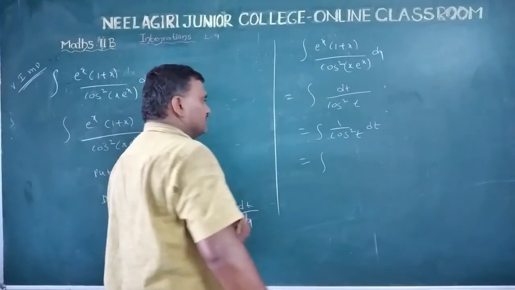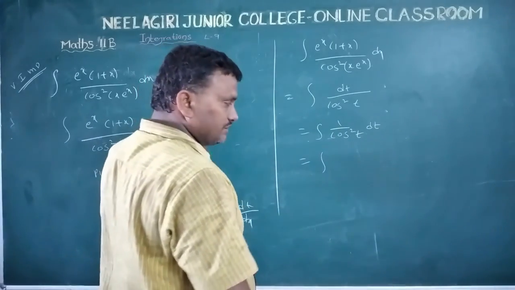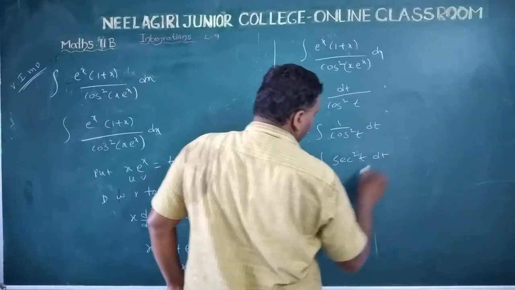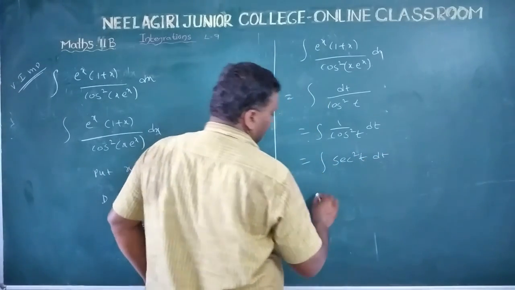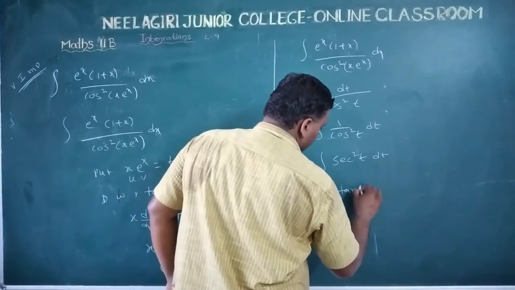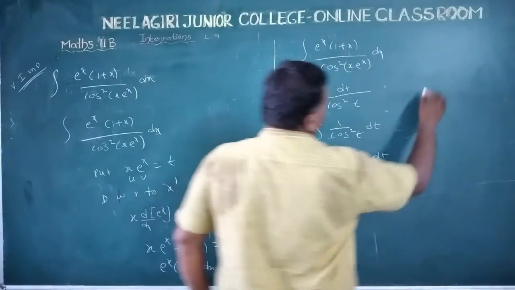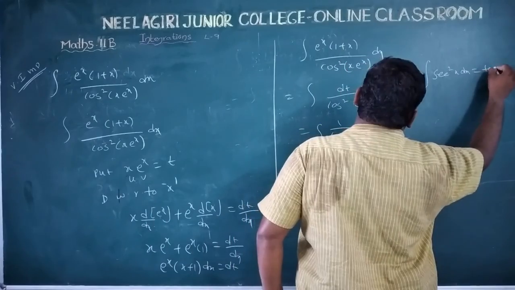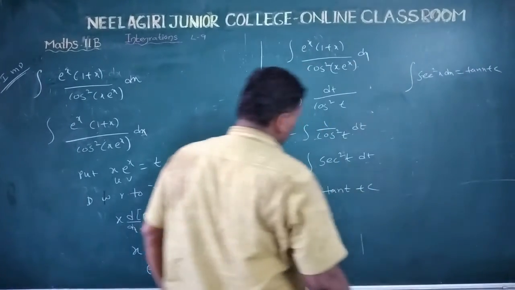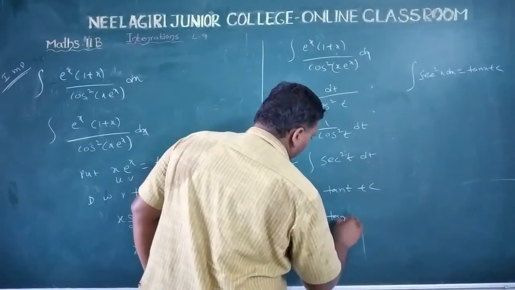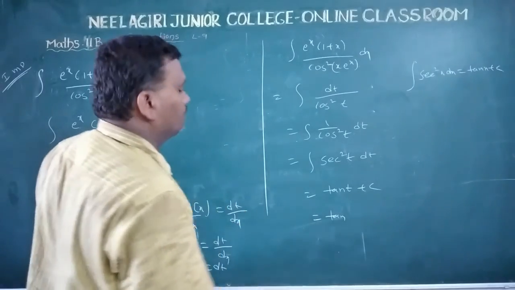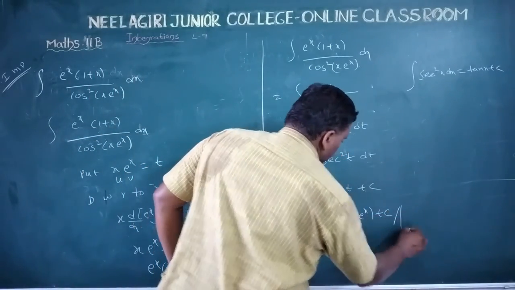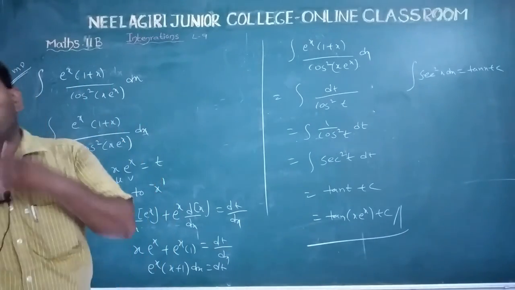Already we know the first year trigonometry formula: 1 by cos square x is sec square x. The integration of sec square x dx is equal to tan x plus c, so here it is tan t plus c, and the value of t is x into e power x, so tan of (x into e power x) plus c.